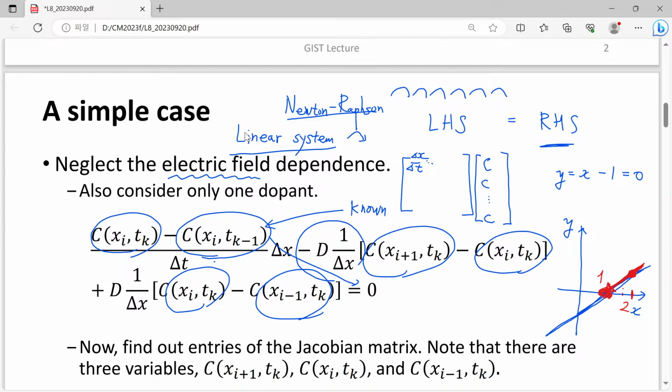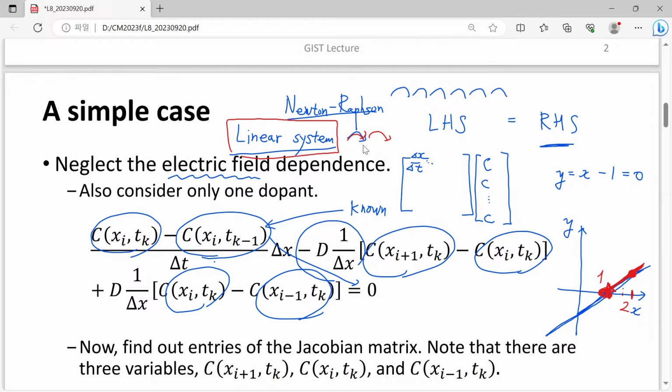Coming back to our main discussion, when we apply the Newton-Raphson method to a linear system, only one single Newton iteration is required to get the solution. How can we confirm that? We can confirm it by solving once and twice.